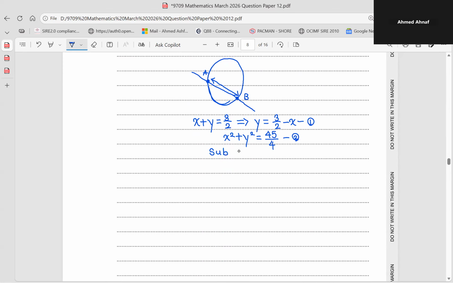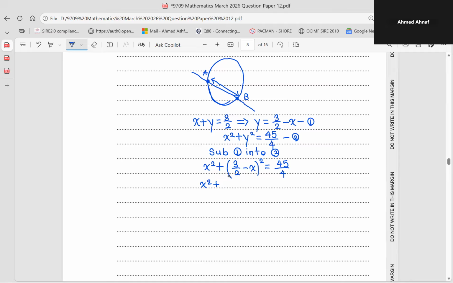We're going to substitute the first equation into the second equation. So x squared plus (3/2 minus x) squared equals 45/4.